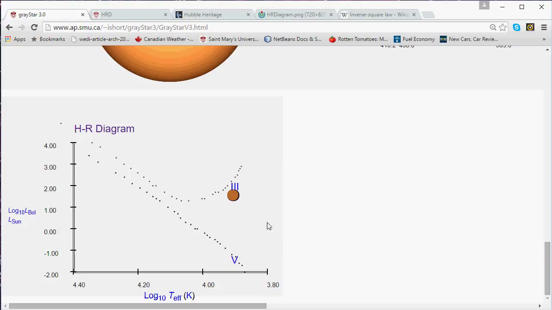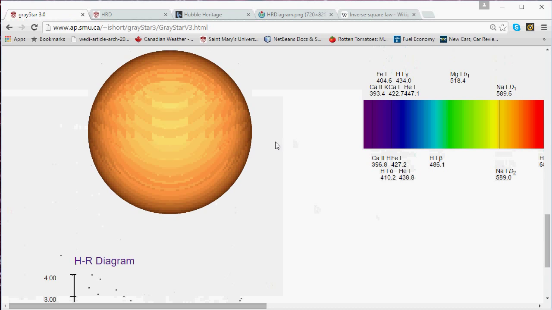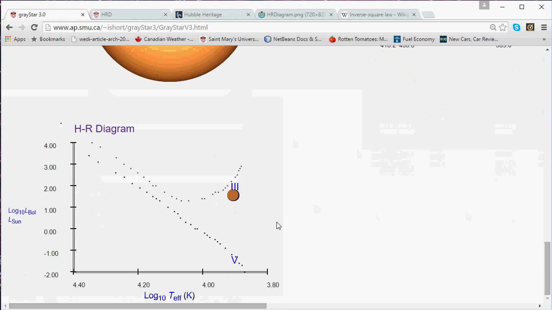Now, grayStar 3 also plots up in this little HR diagram with an appropriately colored and sized symbol the star that it is simulating. In fact, the last star that we simulated here during our discussion was this big red giant star. And as you can see, grayStar 3 has plotted that up in the HR diagram.